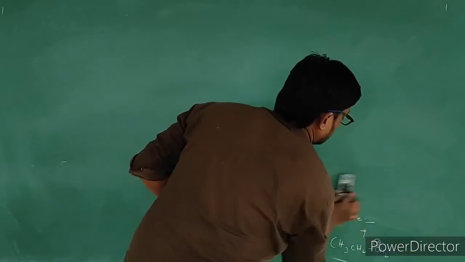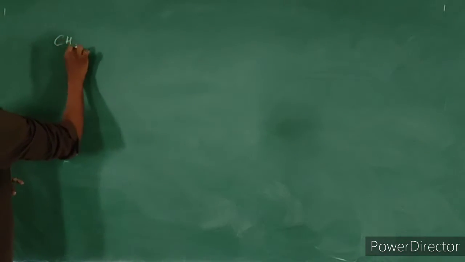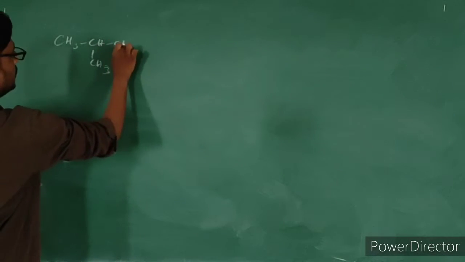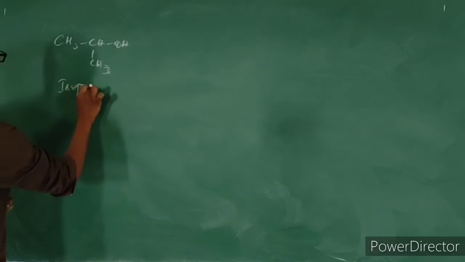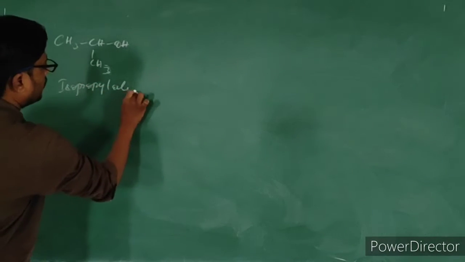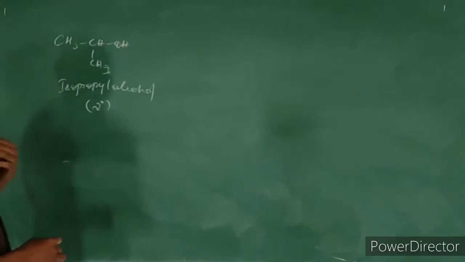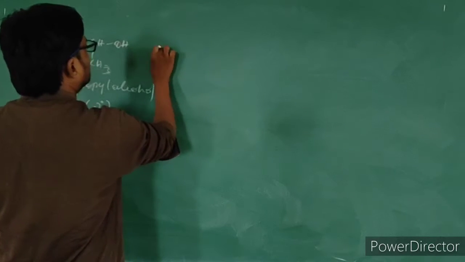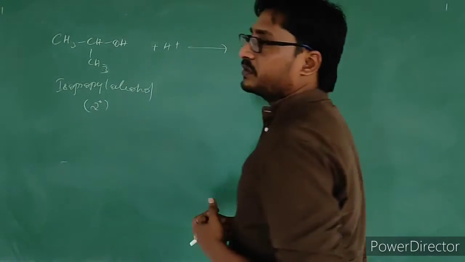Let us take a secondary alcohol. This is nothing but isopropyl alcohol. So this is a secondary alcohol. When it is treated with acid, H plus, then it will produce two types of products.